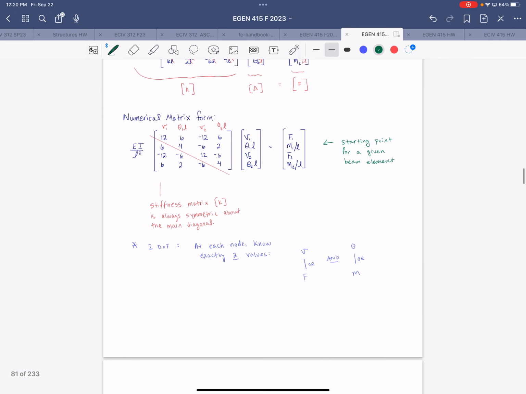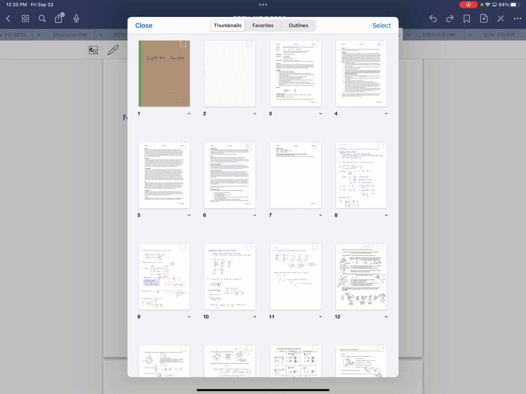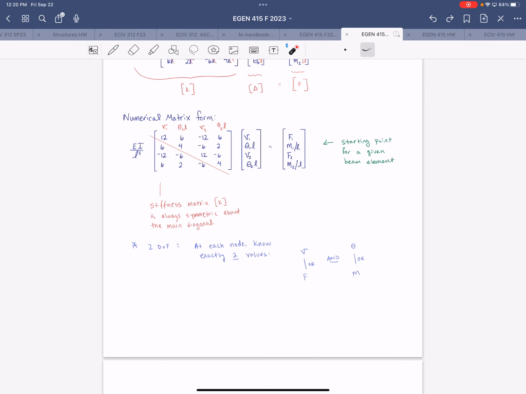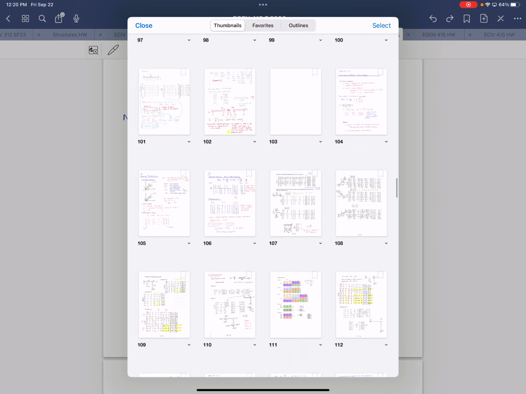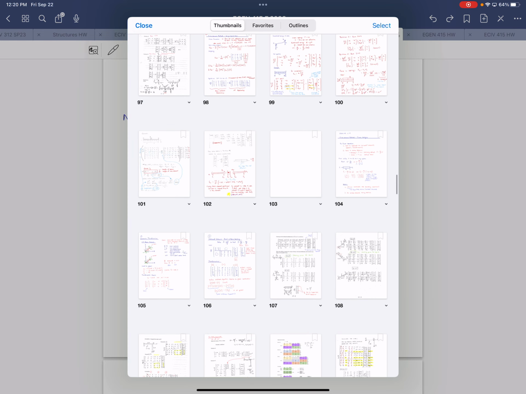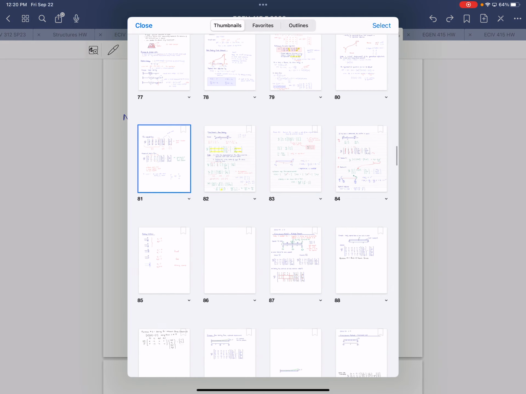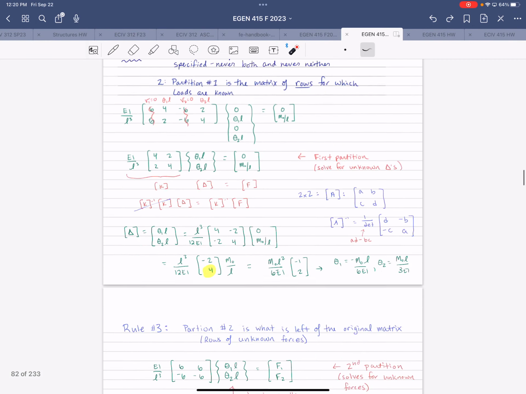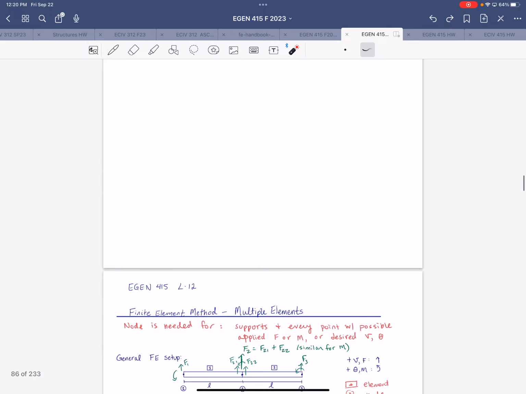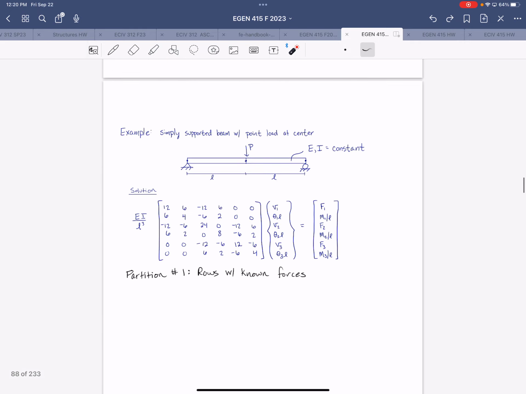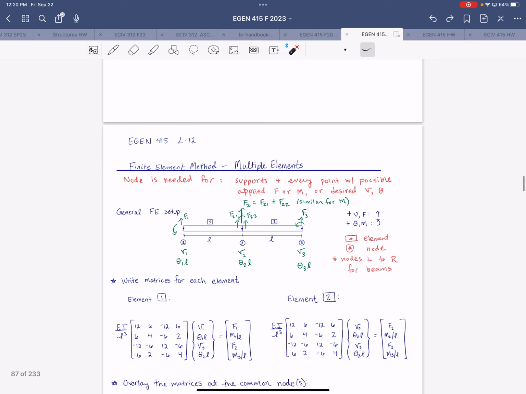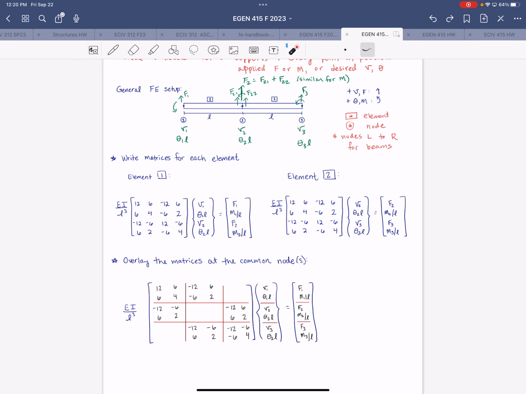Right here, starting point. So this general matrix equation applies to every element. I'll just go the long way. There we go.